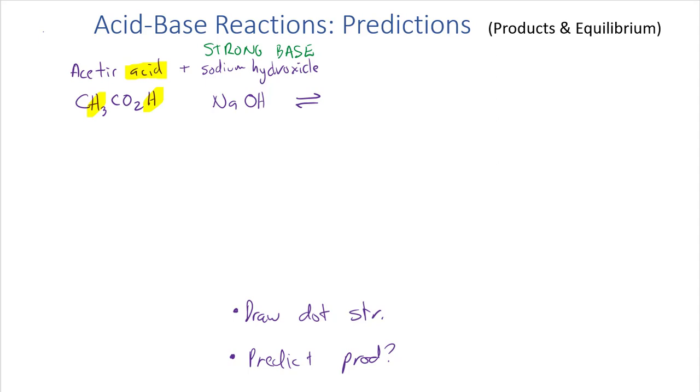Now, we could go ahead and write what we would presumably write for chemical principles, which would be CH3CO2 minus and water. And we hopefully remember that we pair off the positively charged sodium with the negatively charged species in the product. Perhaps you got that prediction, perhaps not.